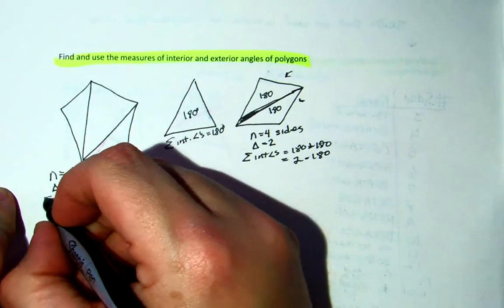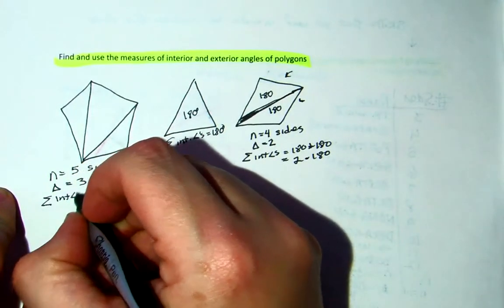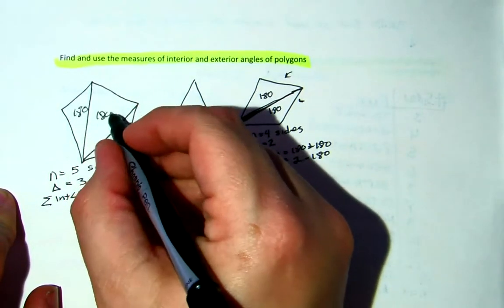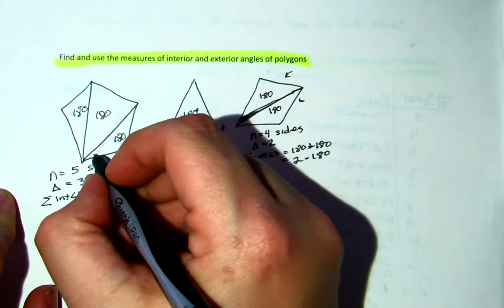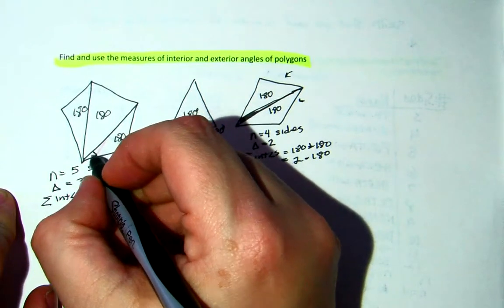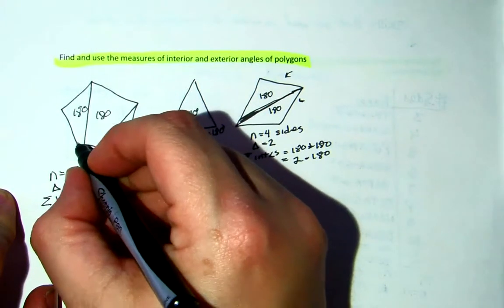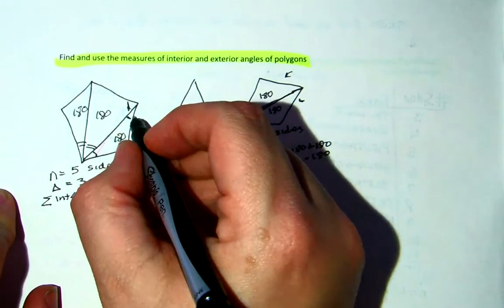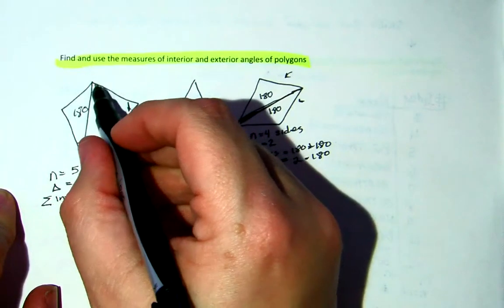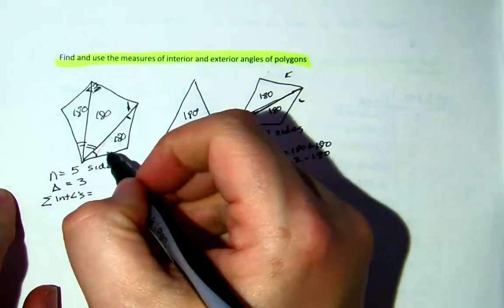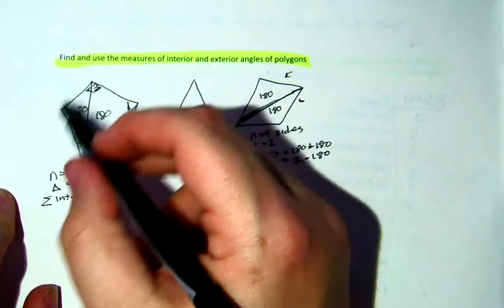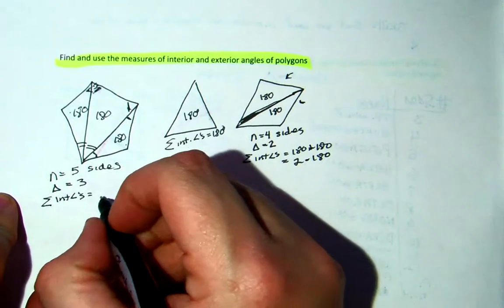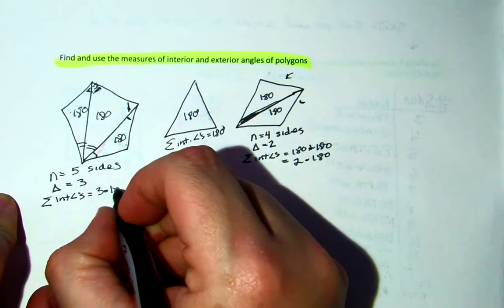And so the sum of the interior angles, I get 180 here, 180 here, 180 here. If you look at this angle, I have that part of it, that part of it, and that part of it, so I cover that entire angle. From here, I got this chunk and this chunk, so I cover that angle. That angle's covered, that angle's covered. I've covered them all. How many triangles? There's 3 triangles. So I can say 3 times 180.